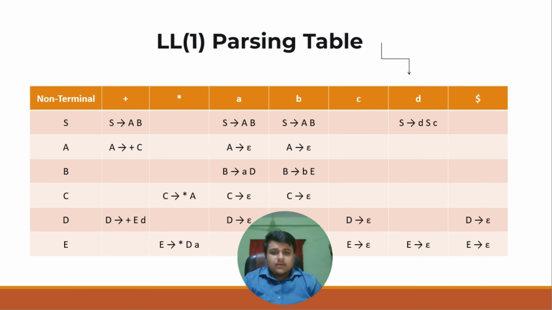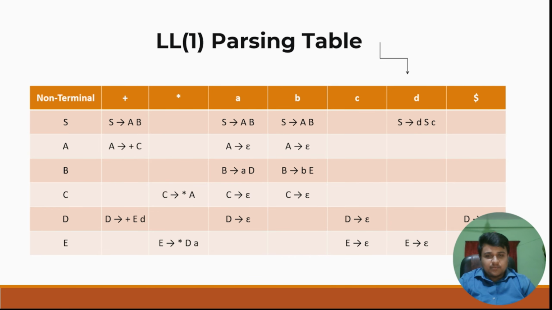Place E derives star DA in column star. E derives epsilon. Follow of E is $ sign, C, and D. So place E derives epsilon in columns $ sign, C, and D. So the parsing table is complete.